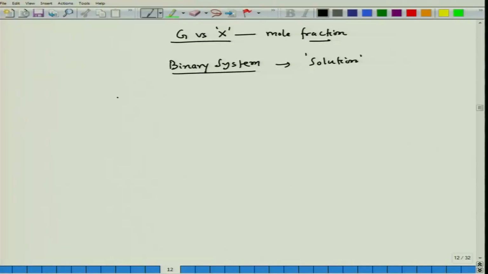Let us consider element A and element B, and they are pure in the beginning before they mix and form solution, and we are assuming in the beginning that they have the same crystal structure, and when they mix they form the same crystal structure again.